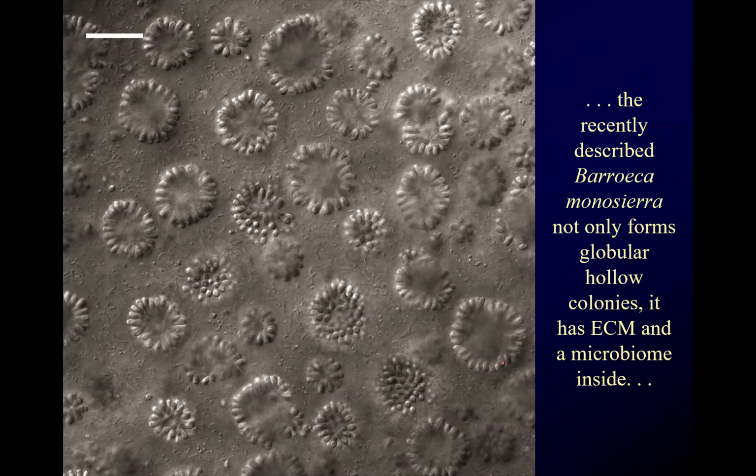There's a Dr. King over at Berkeley who has really led the way of looking really hard at choanoflagellates. Her lab has documented a whole bunch of new species and has described all sorts of crazy things that they do. And I think they were the ones that described Baroica.